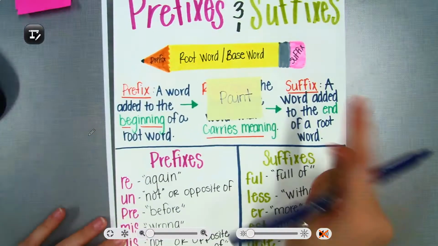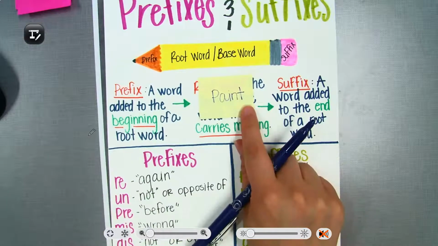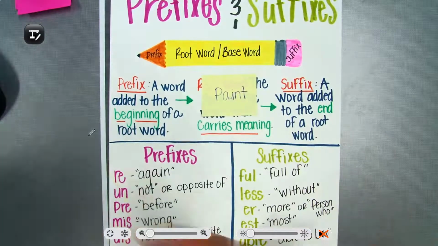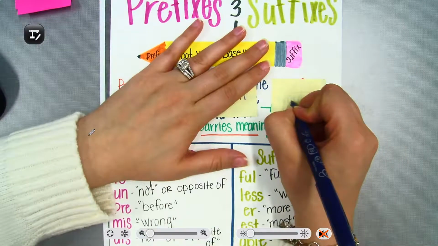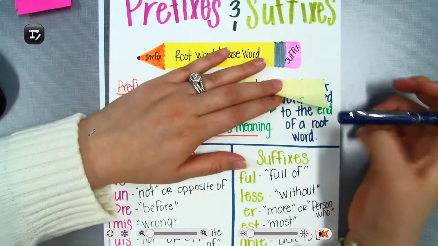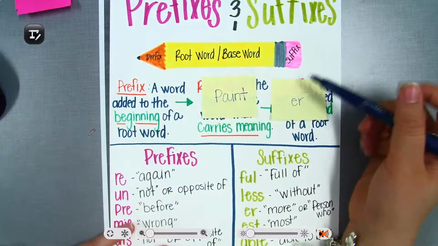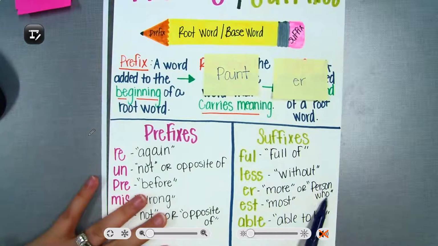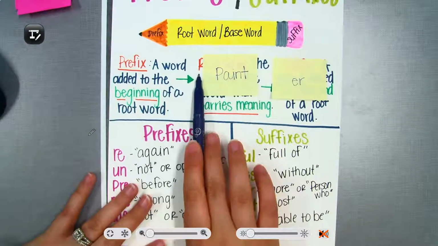If I added a suffix to the end of paint, so if I added the suffix er, so a suffix is the word added to the end of a root word, so er, and er means more or person who, so painter, so it means a person who paints.